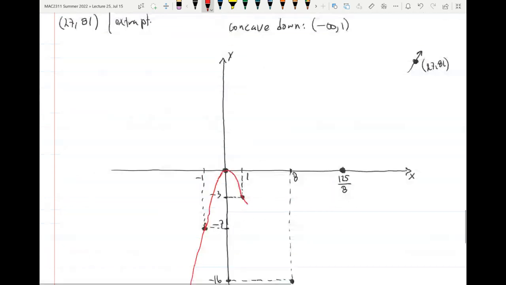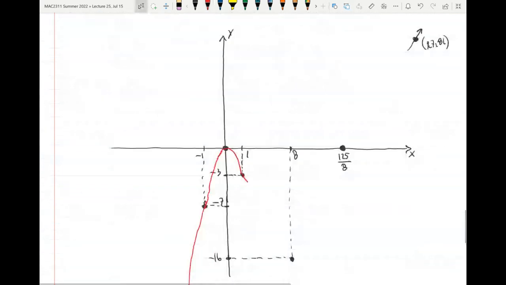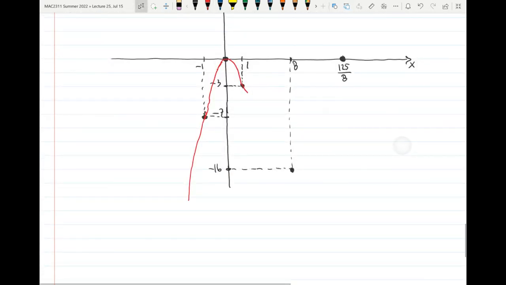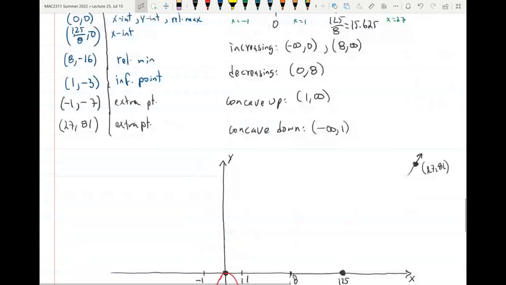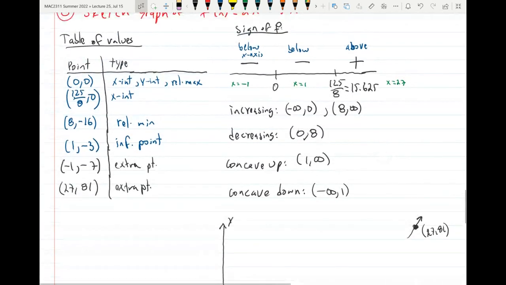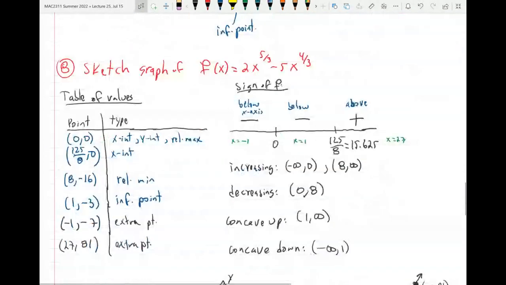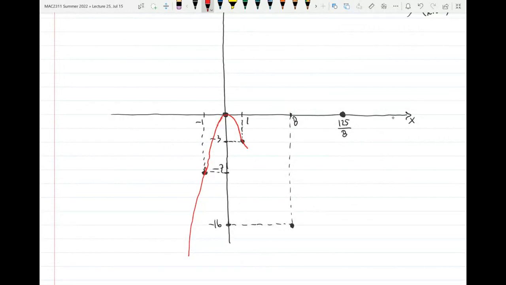Okay, so it changes to concave up, and then what happens at this point? We need to go all the way down to negative 16, 8 comma negative 16. That was a relative minimum, okay? And we need to do that in a concave up way all the time.